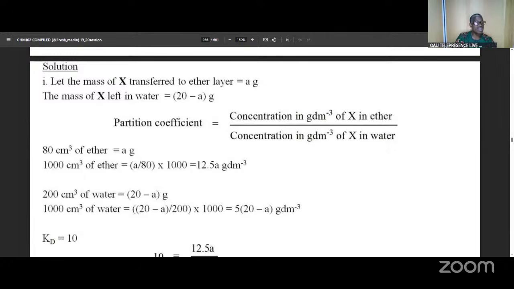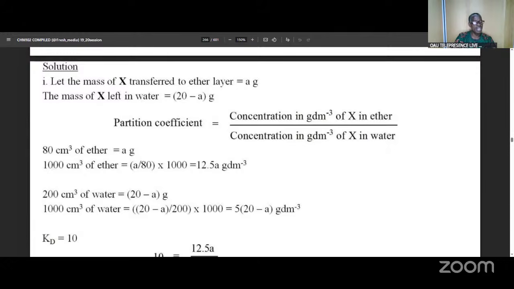We are given 200 cm cube of water, and the mass of the compound in the 200 cm cube of water will be what? 20 minus A, since up in ether we have A grams. So in 200 cm cube of water we will have 20 minus A gram.